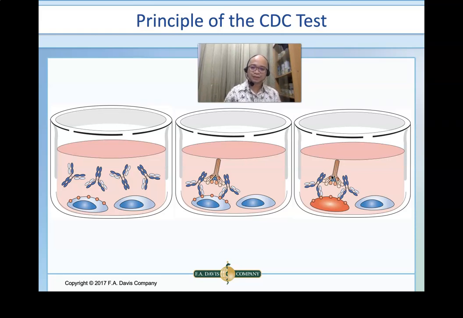So if the antisera that you use becomes positive, it means that the lymphocyte is positive for that particular HLA class.